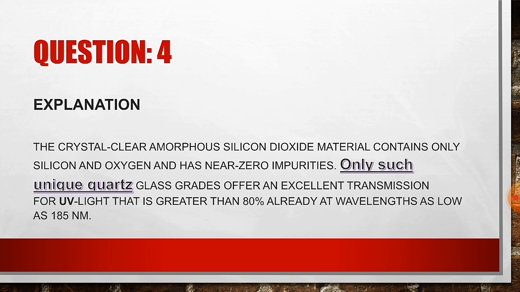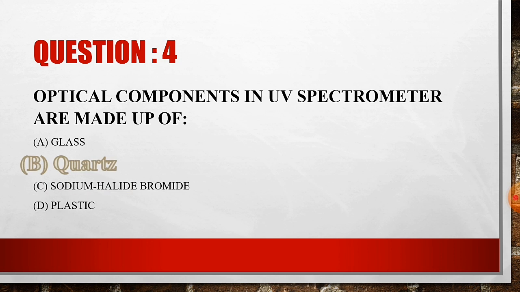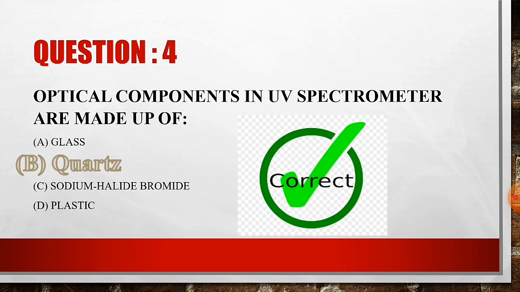So you need to focus on this point, that only such unique quartz glass can provide the excellent transmission. So now what will be the answer? Obviously quartz. That is correct.